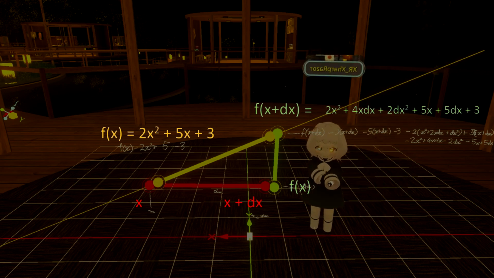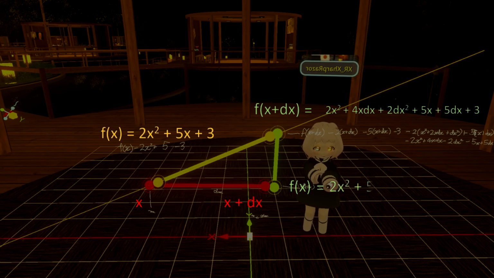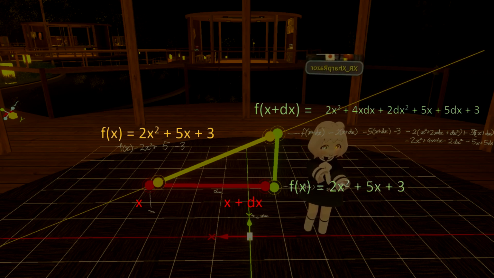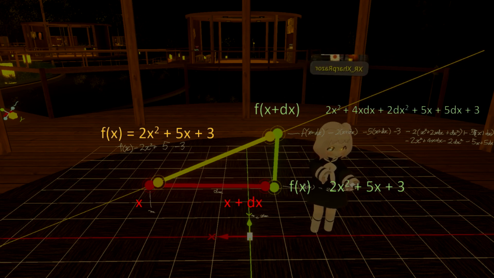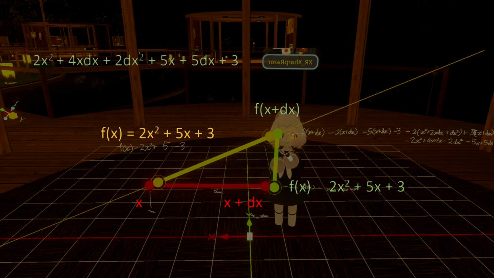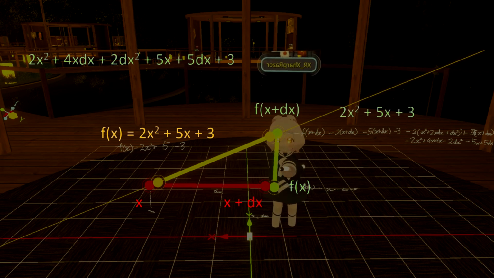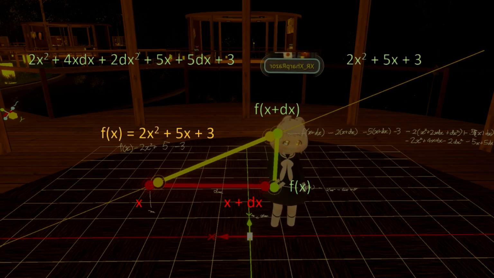And then what is f of x? f of x is already given: 2x squared plus 5x plus 3. Now we just need to take the difference, which is the distance along the green line.